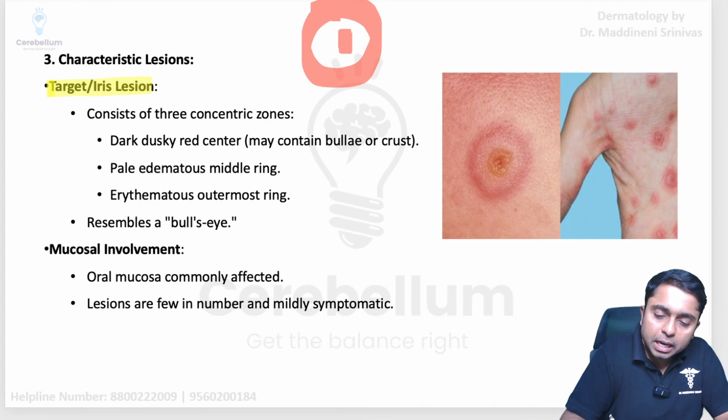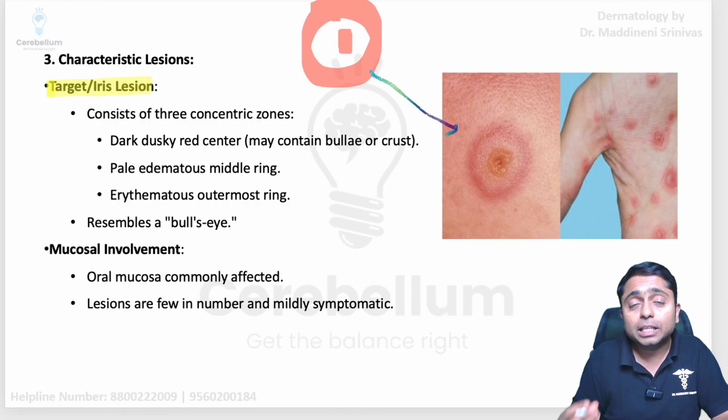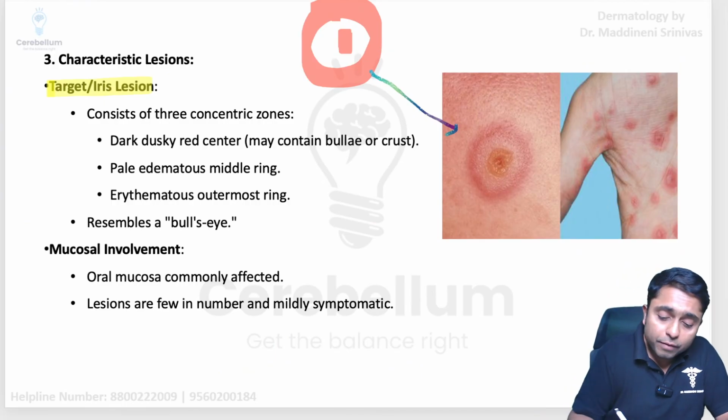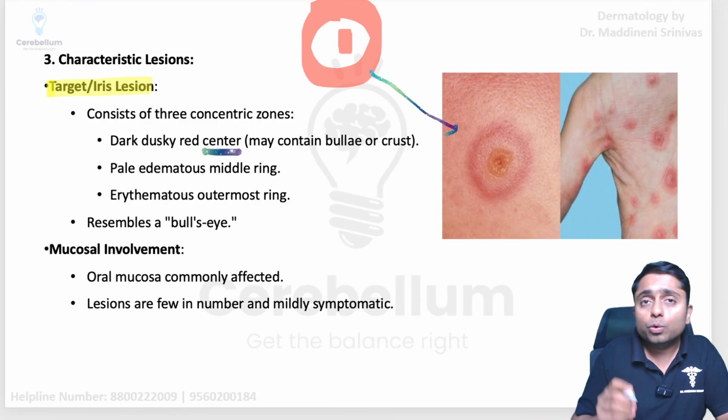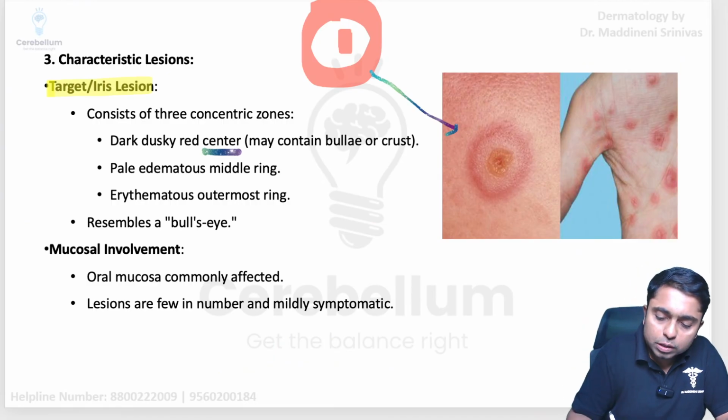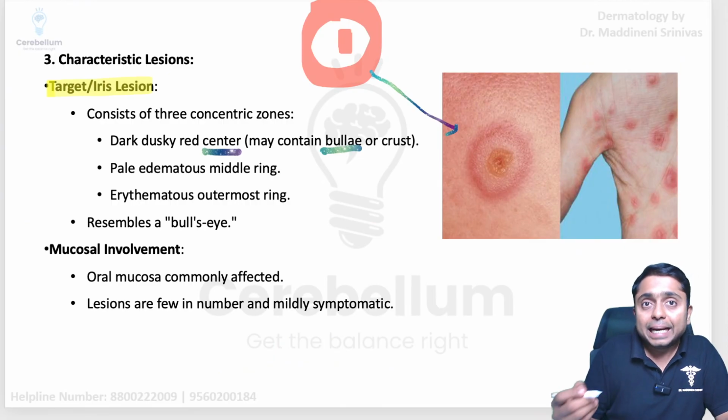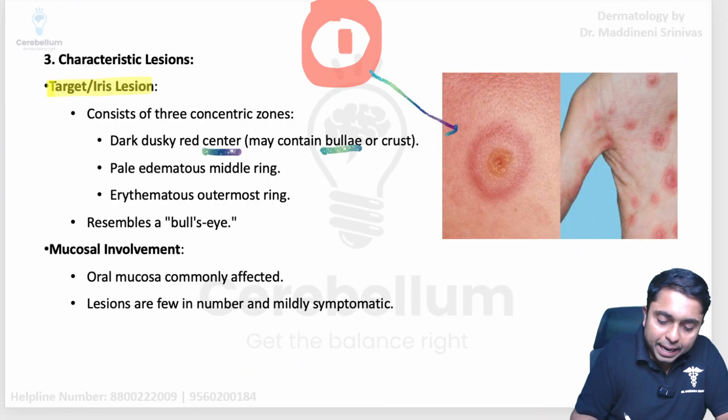So similarly, an appearing lesion will be present over the skin in these patients of erythema multiforme, where the center is going to have a dark dusky hue, which can also have some bullae, and an intermediate zone of paler skin, then an erythematous outer ring.